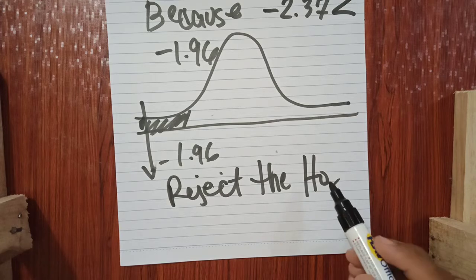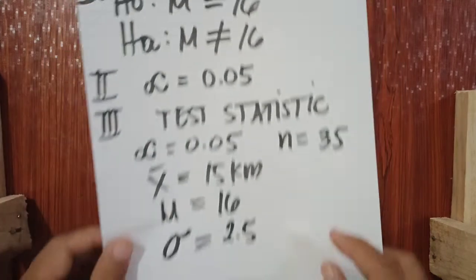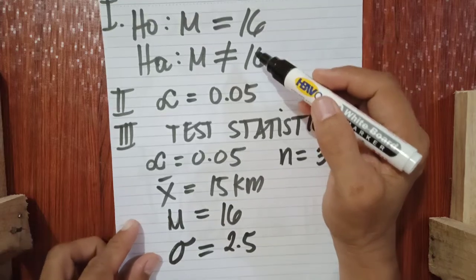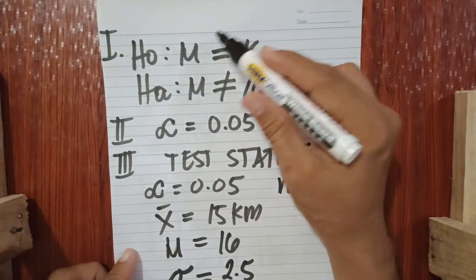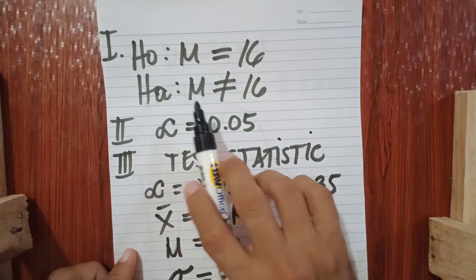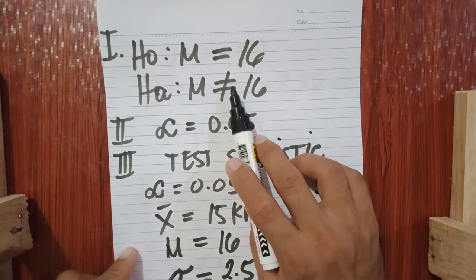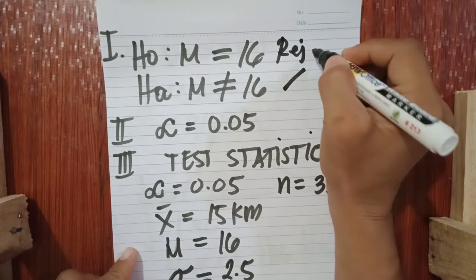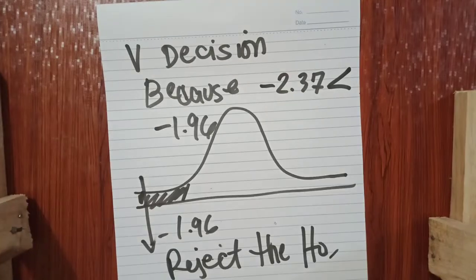So, kung ang ating step 1, null hypothesis daw, there's no difference. So, ang ating alternative hypothesis, there is a difference. So, ito yung i-accept natin. Ito, reject natin. So, ano ang magiging conclusion natin? Pinaka-huli.